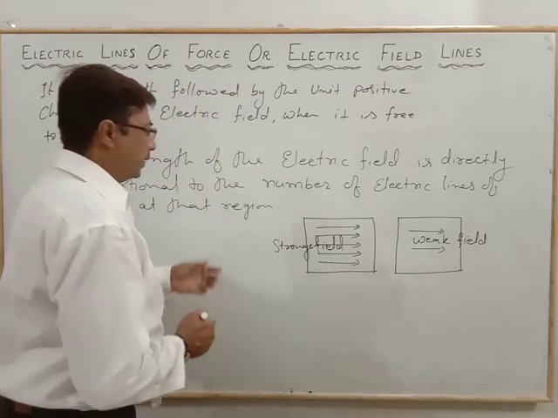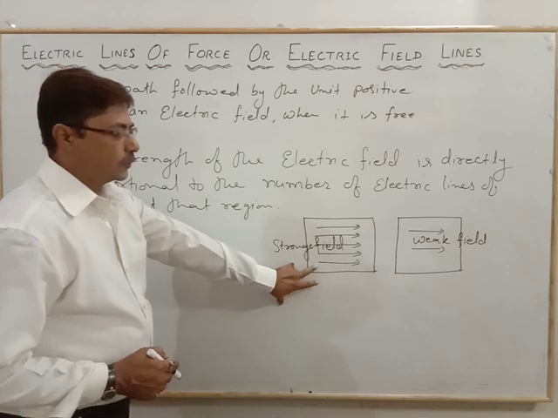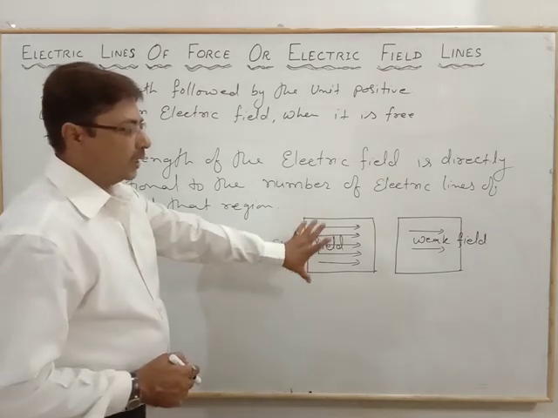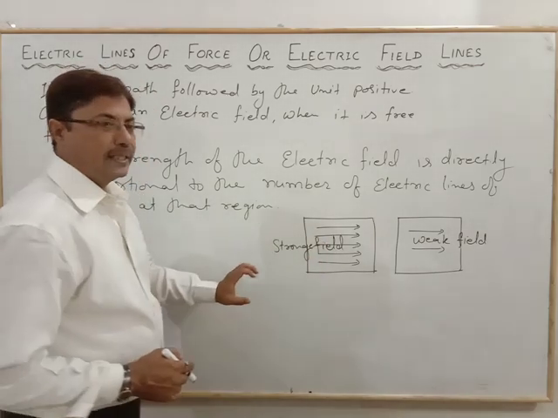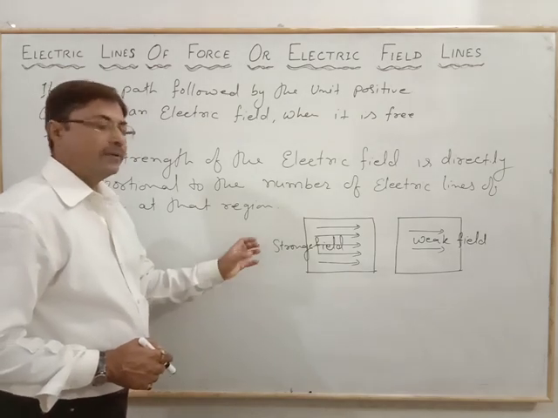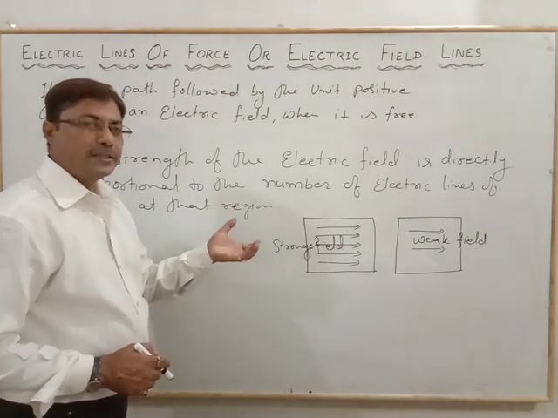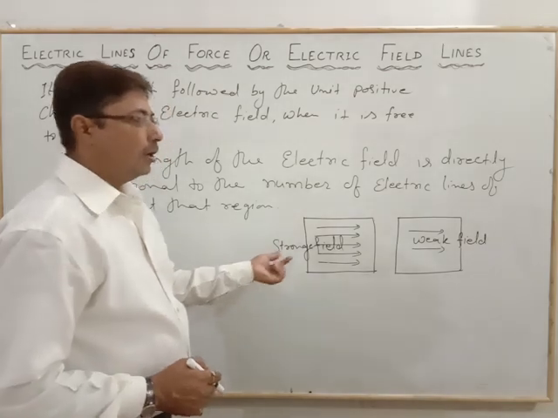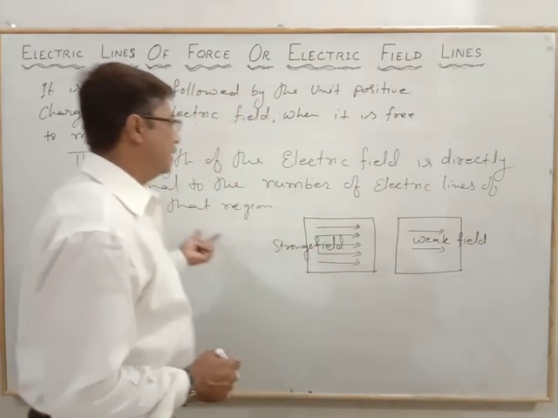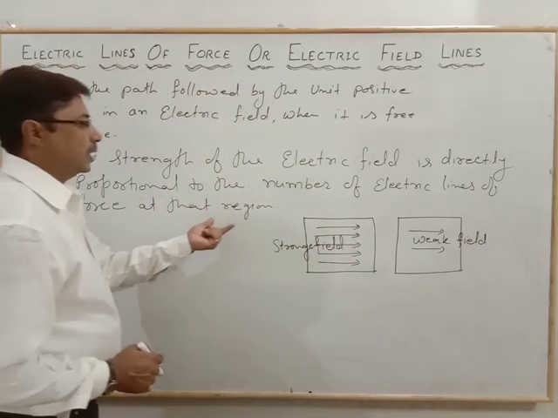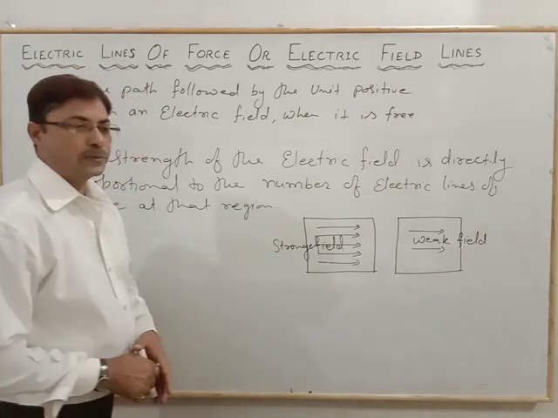So the number of electric lines of force in any region will represent the field strength, whether it is strong or weak. That is what we know about the number of electric lines of force.